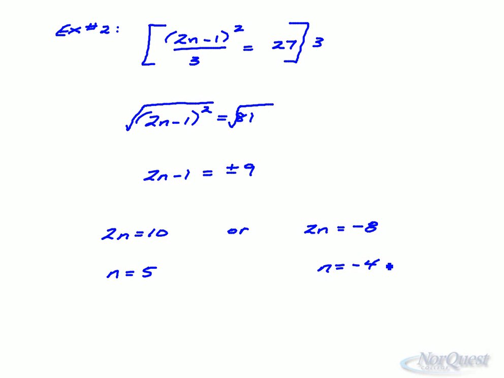For example 3, we're going to look at something a little bit different from the other two examples. Example 3 has x minus 3 times 2x plus 3 equal 5.